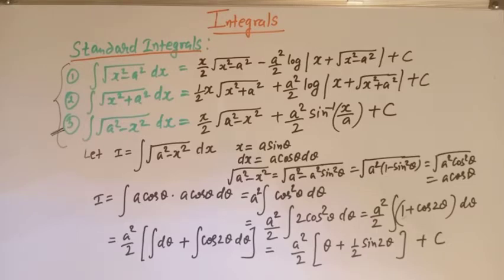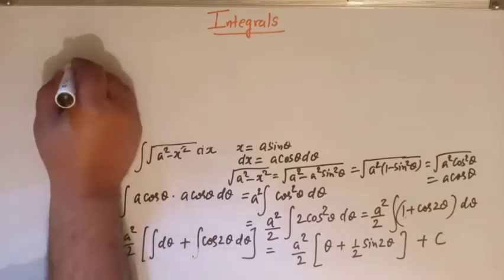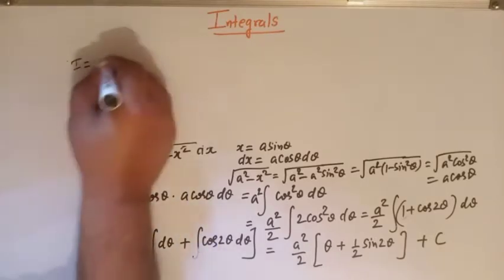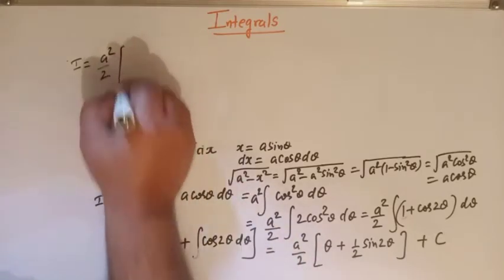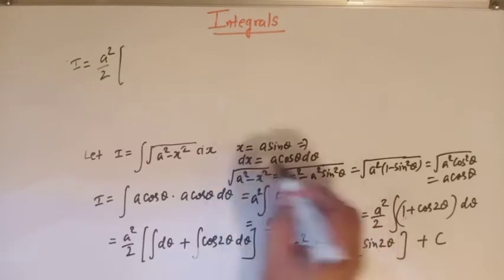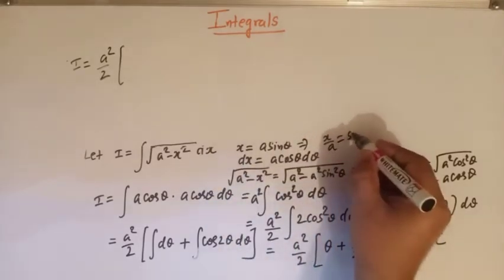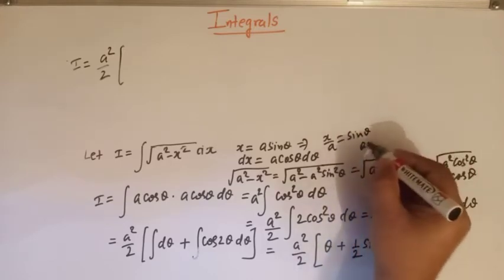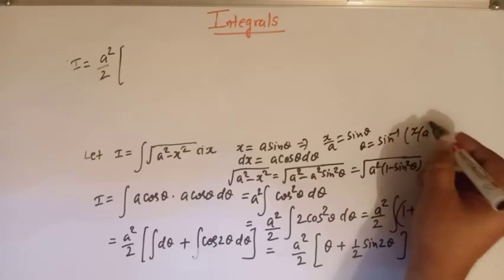Now we have to express theta in terms of x. I can be written as a square by 2 times theta plus half sine 2 theta. Theta can be evaluated from the substitution: x over a is equal to sine theta, so theta is sine inverse of x over a.